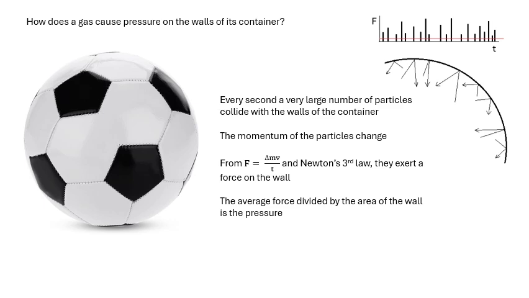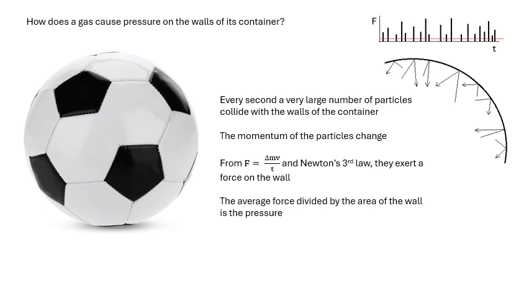The momentum of the particles changes, and then from Newton's second law, F equals delta mv over t, and from Newton's third law, so if the wall is pushing them, they are pushing the wall, they exert a force on the wall. And then the average force divided by the area of the wall is the pressure.